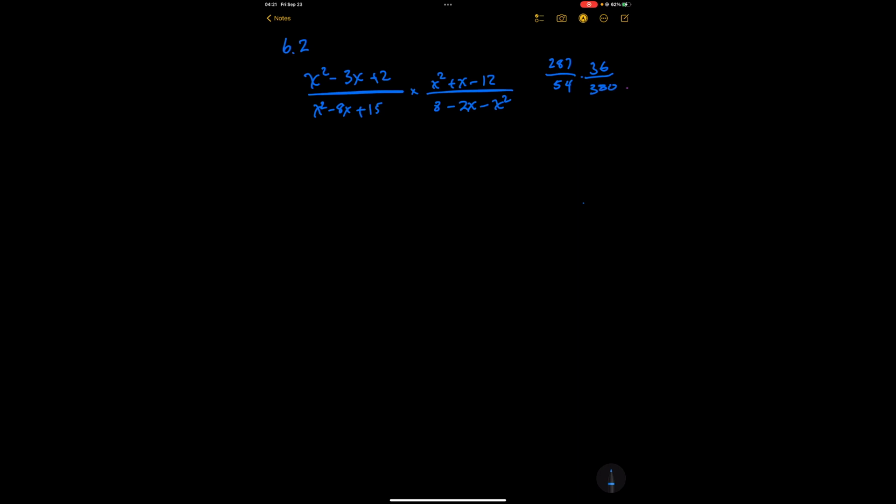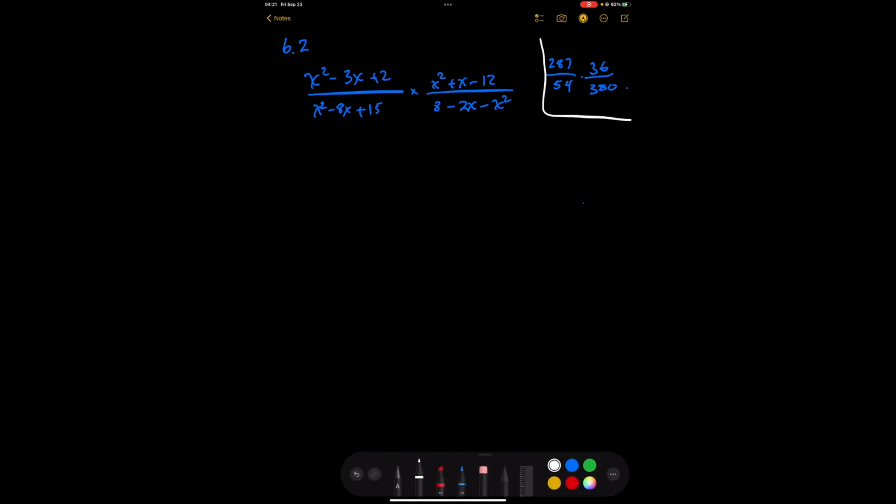If you can find a way to simplify this before you multiply or divide, that will be the best thing you can do. Why? Because it's going to make it much easier for you to work with a smaller number. So I'm going to put that on the side just so you guys know that this was just an example.